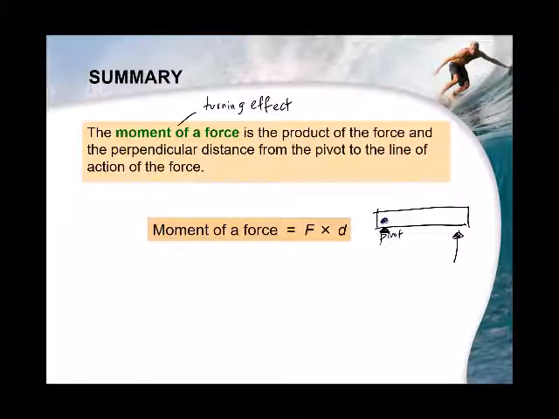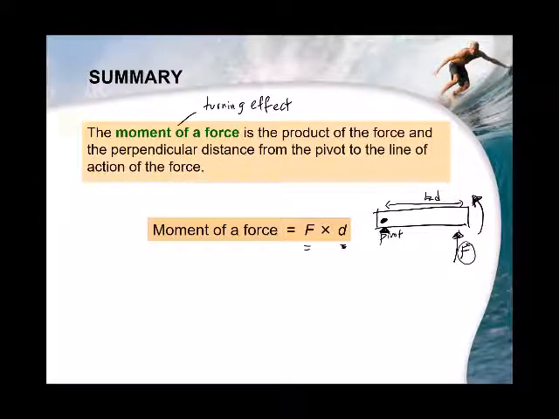This is to represent that I'm holding on to this point over here. And when you apply a force, it will result in the object turning. So this turning effect of the force is the moment of the force. And the moment of the force depends on two things. Number one, it depends on the force, how big the force applied is. Number two, it depends on the perpendicular distance from the line of action of the force to the pivot, the perpendicular distance over here.